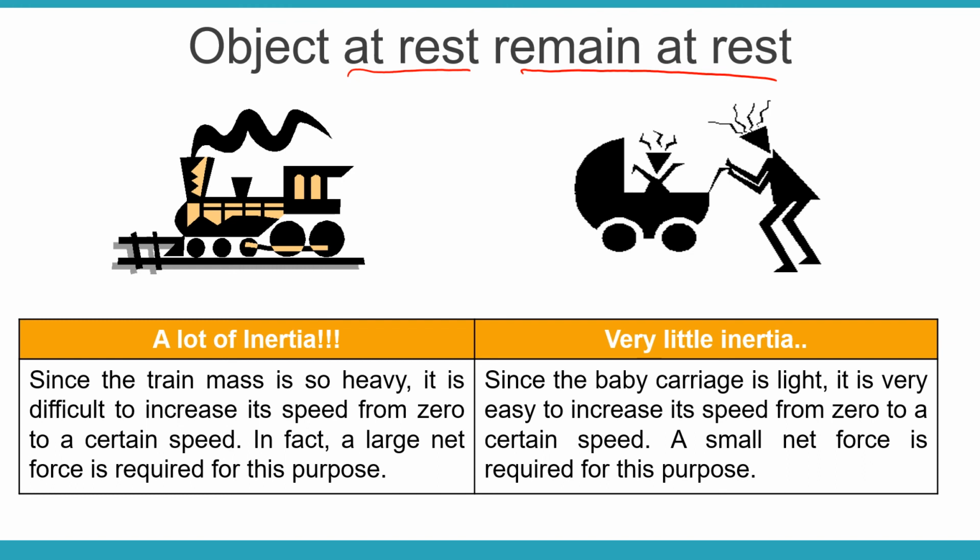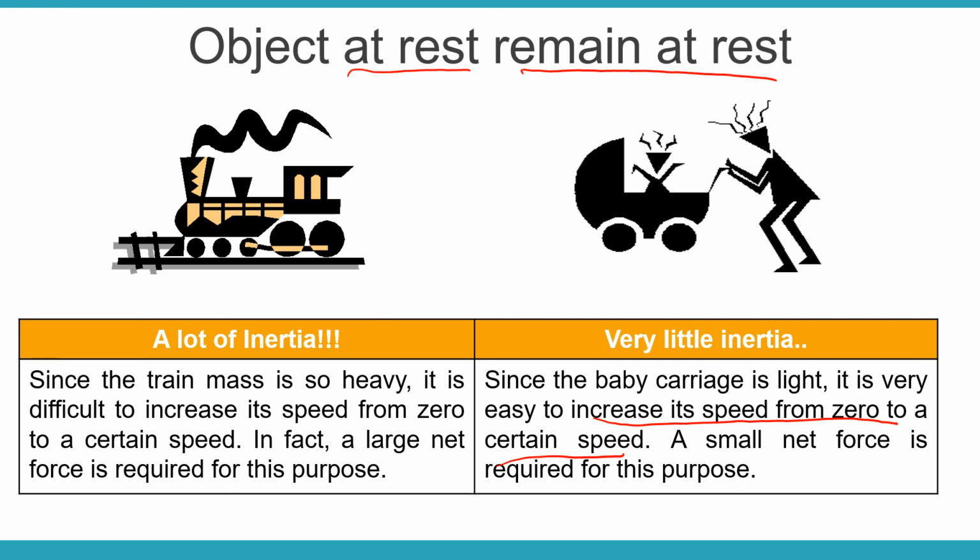Okay, so contoh yang kedua adalah kalau ada kereta sorong kan, kereta sorong baby ni kan. So untuk kereta sorong baby ni, baby carriage ni, dia lagi ringan berbanding dengan kereta api. So dia lagi mudah untuk kita increase its speed from 0 to a certain speed. So bila dia remain at rest, okay, at a 0 speed, kita nak mulakan, nak increase the speed, it's easy compared to kereta api tadi.